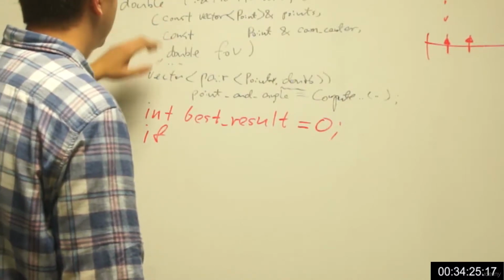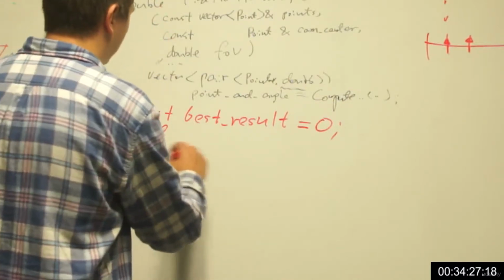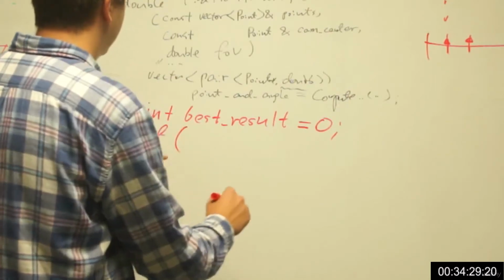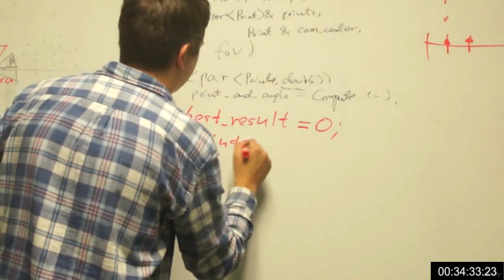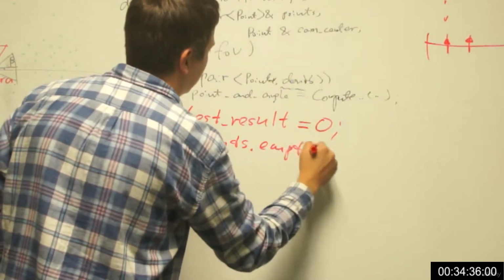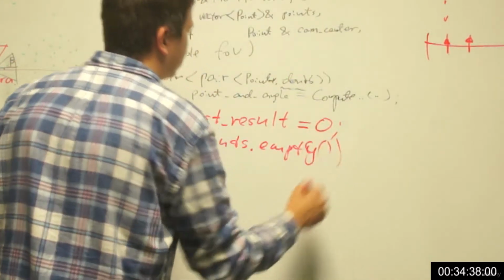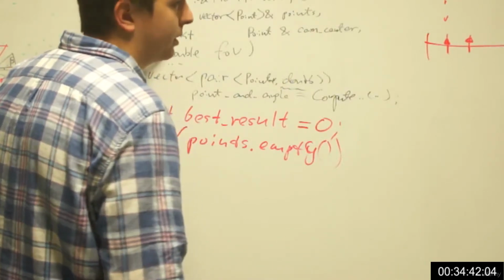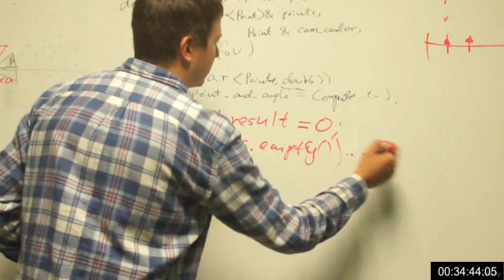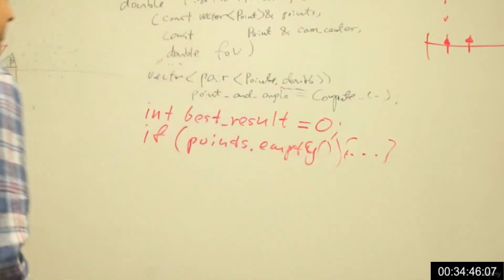Angle. So we need to write a check for if our input points are empty. We need to make an assert or return some value.